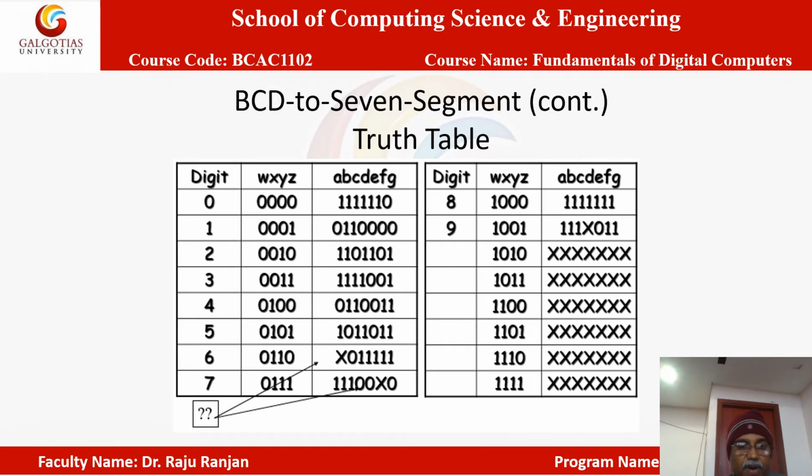Similarly, for displaying digit 2, it will be represented in BCD as 0010, and for 2 these LEDs will be on: A, B, then D, E, and then G. Similarly for 3, 4, 5, 6, all these LEDs according to the digits will be on.